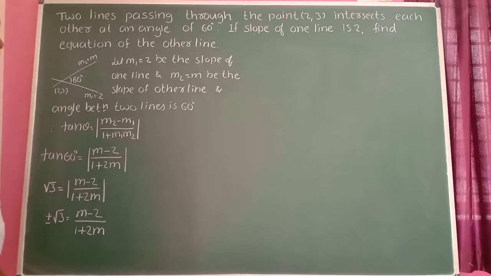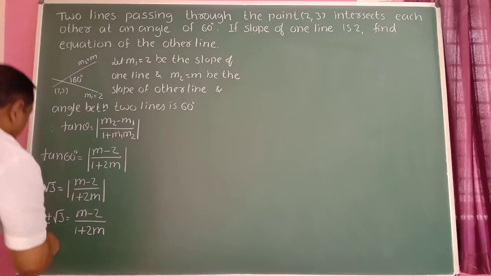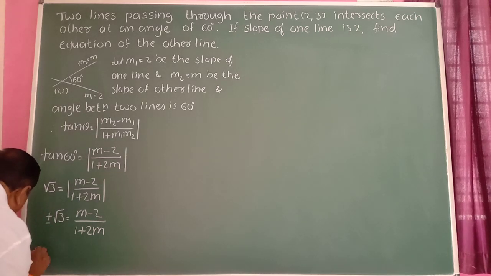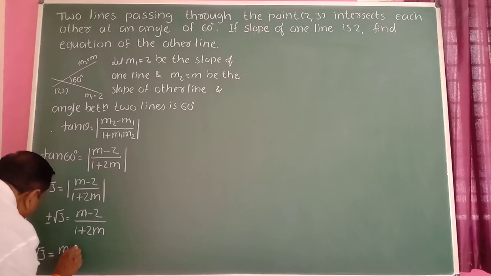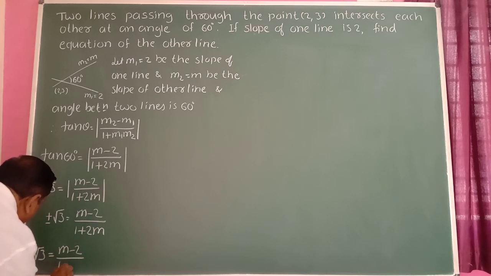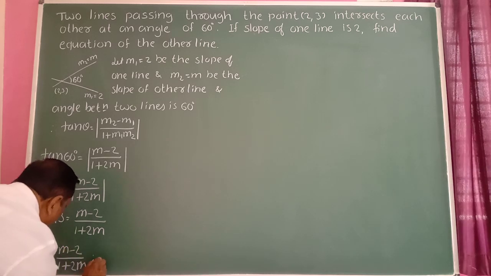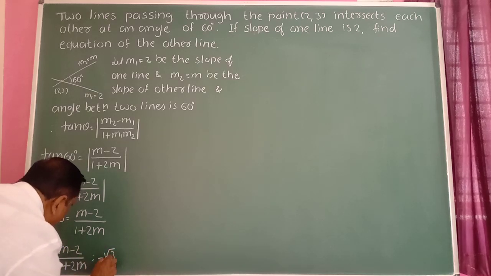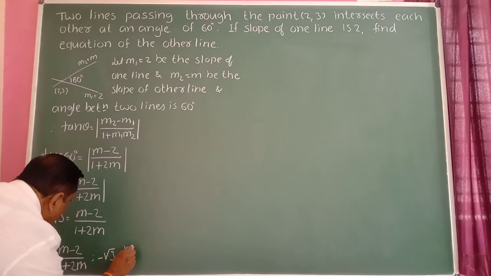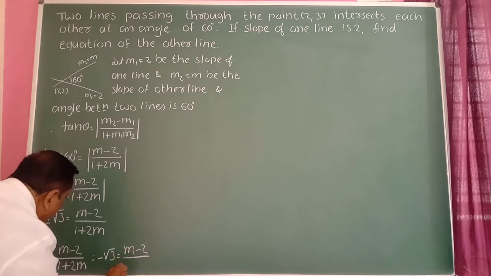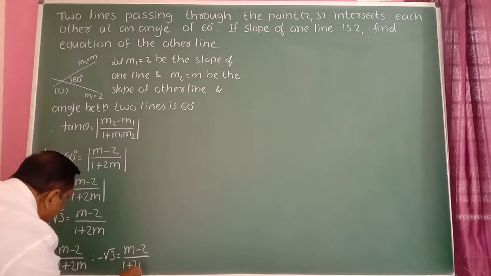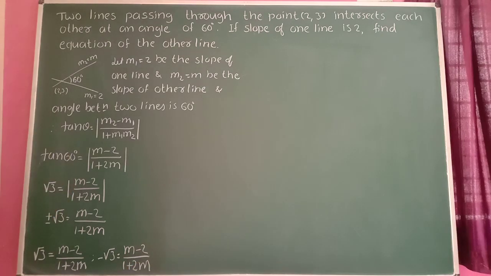So the first time take the plus sign: root 3 is equal to m minus 2 divided by 1 plus 2m. And the second time we take the minus sign: minus root 3 is equal to m minus 2 divided by 1 plus 2 into m.